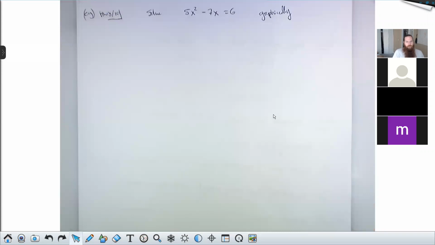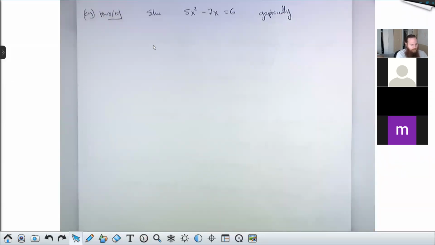This is a little bit awkward. So I'll show you what they mean by solving it graphically, and then I'll show you how I would go about this, because honestly, solving it graphically really isn't a pleasant way to do things.